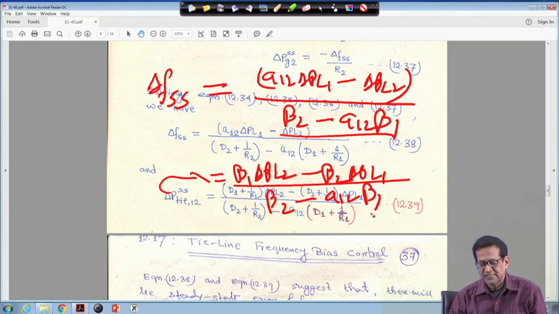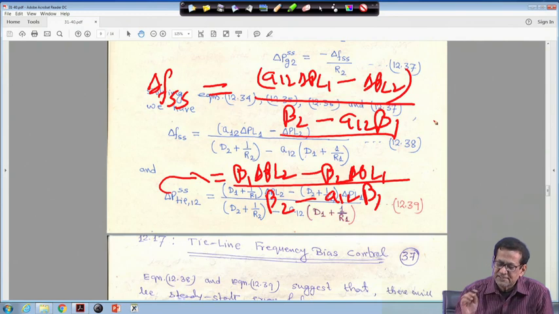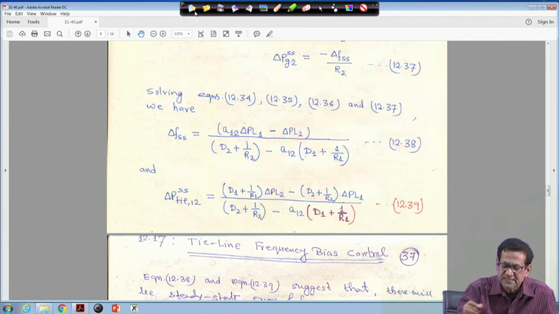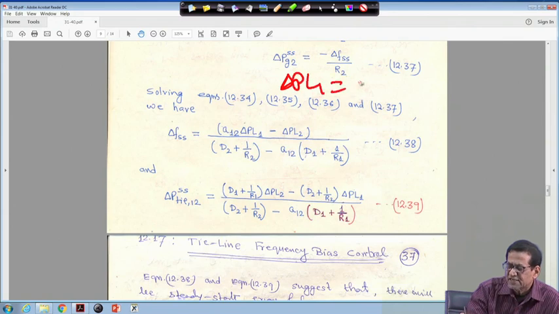Now, suppose load disturbance has occurred only in area 1, and delta PL2 is equal to 0. So, keep delta PL1 as it is. There is no load disturbance in area 2.